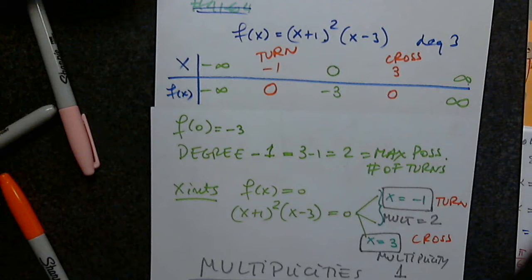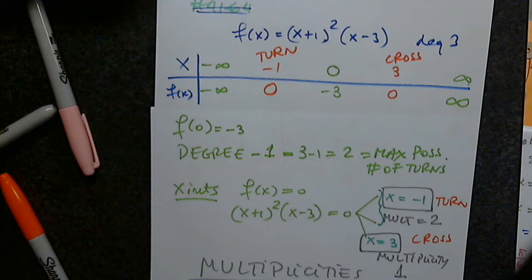Comes down to cross the y-axis at 0, -3. It has to turn somewhere because it crosses at 3, 0, and it's going to infinity.